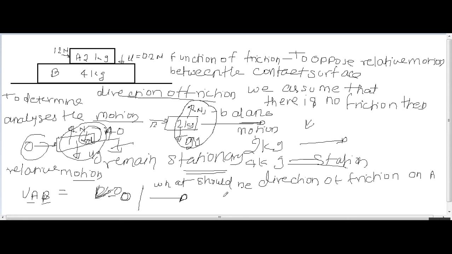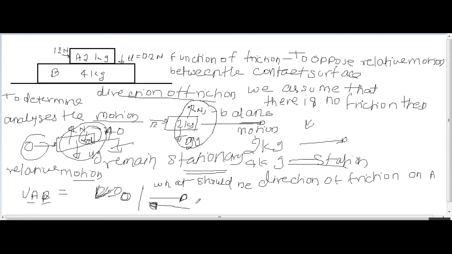This will be opposite to it. Okay, this will be opposite to this direction. So what will be opposite to this direction? It will be just at 180 degrees from this. So this is the direction of friction force on A.